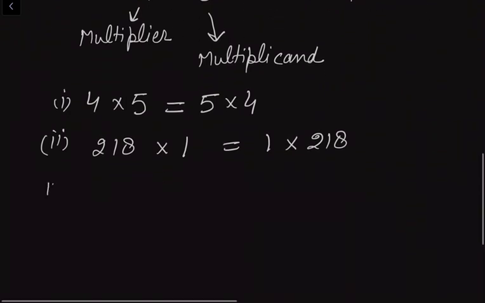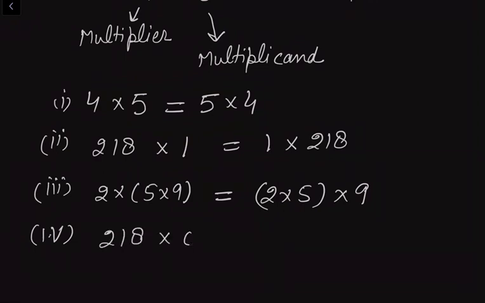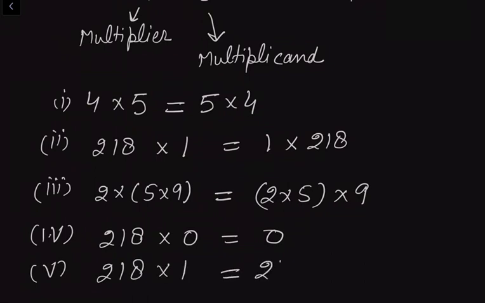Another, 2 into 5 into 9 is always equal to 2 into 5 into 9. And 218 into 0 is equal to 0. And 218 into 1 equals 218.